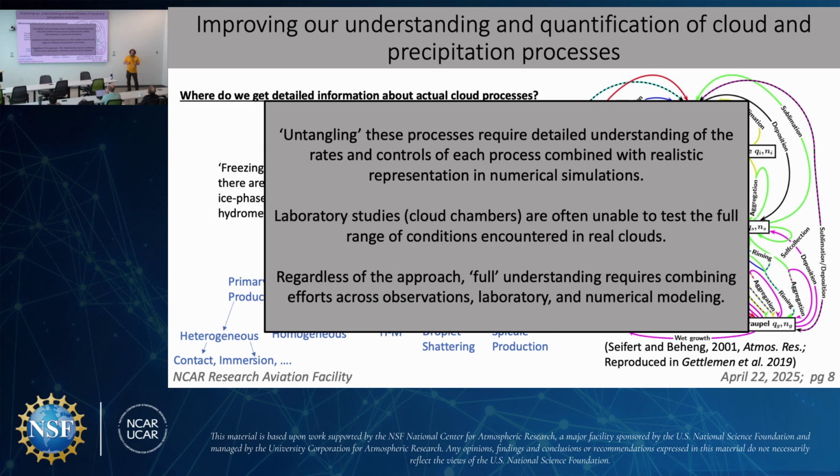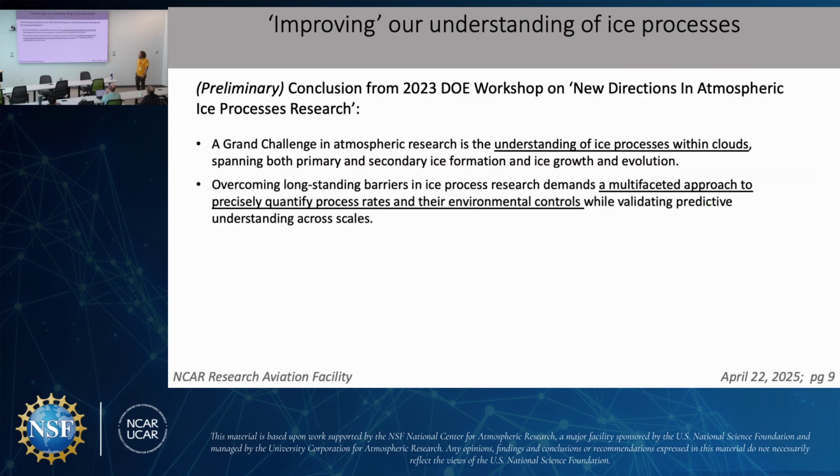Okay, so even if we can reproduce the characteristics, we're not necessarily reproducing the characteristics for the right reasons, and we don't have a very good full understanding of our environmental constraints of what's going on. So regardless of how we do this, it requires a combination of laboratory studies, modeling studies, and real cloud observations.